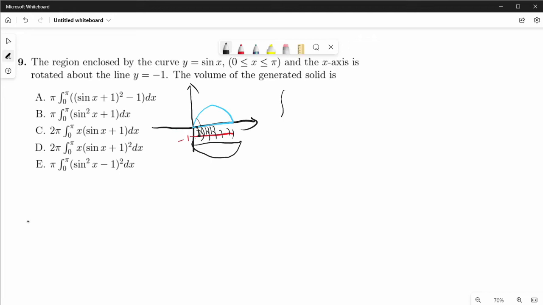So we can write the integral with limits of integration 0 to pi, and for the washer we start with pi, and then r1 squared minus r2 squared. So r1 squared would be the top function, sine x, plus 1, squared.